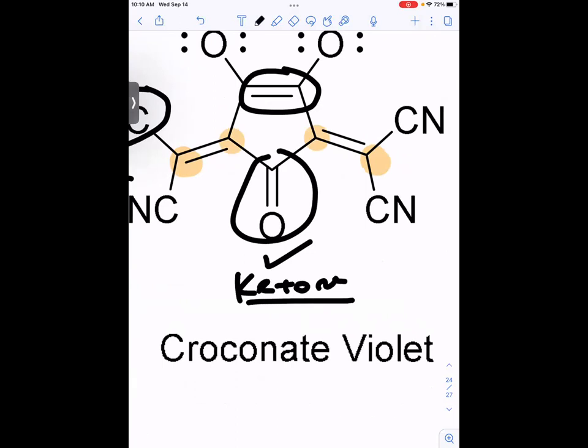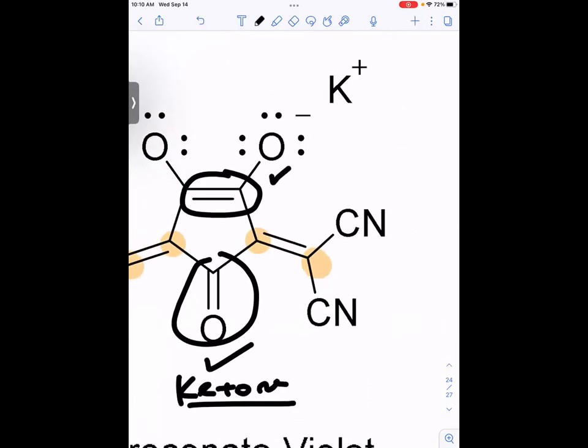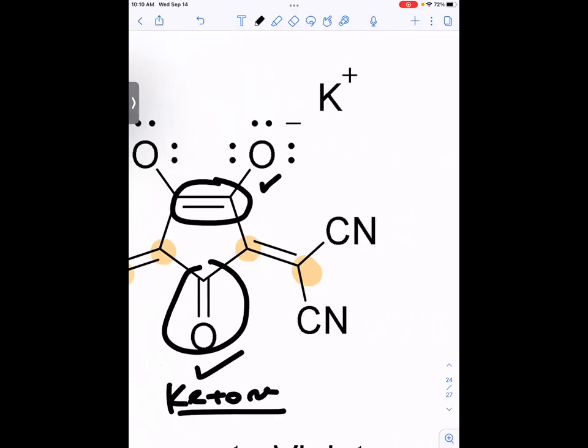Excellent. And what about the one we have circled here? Everybody should know that one. Alkene. It's an alkene. Good.